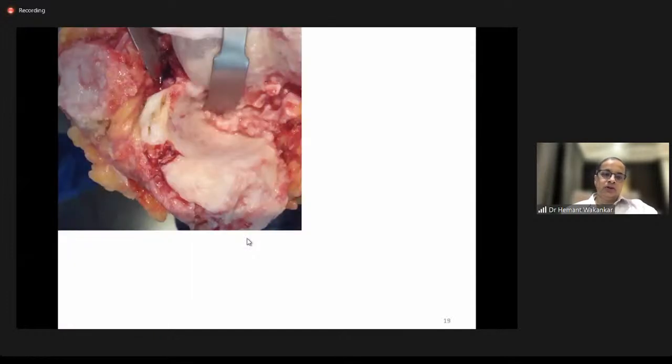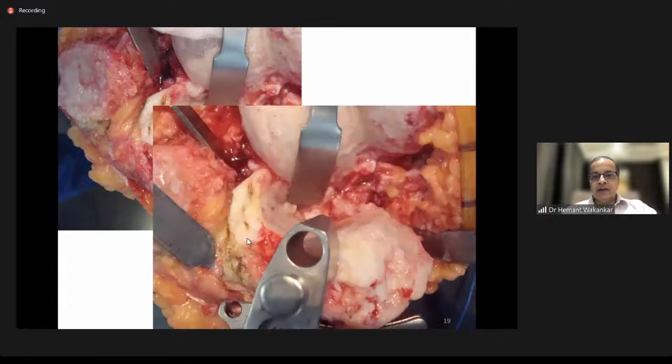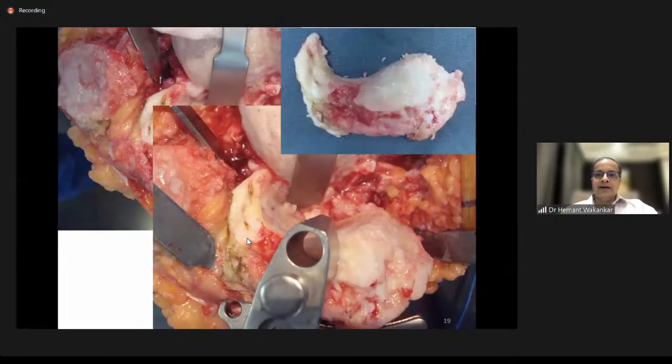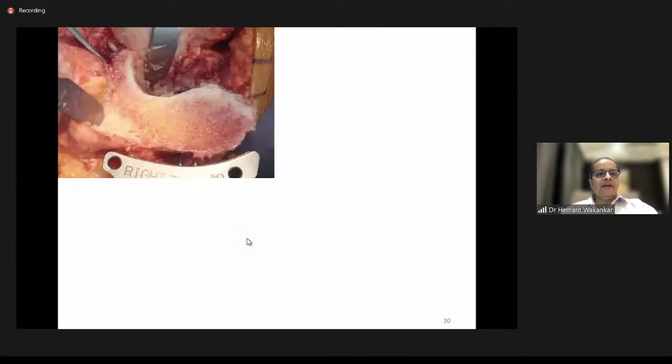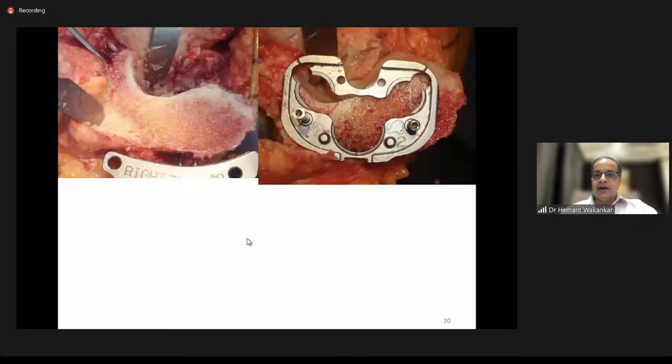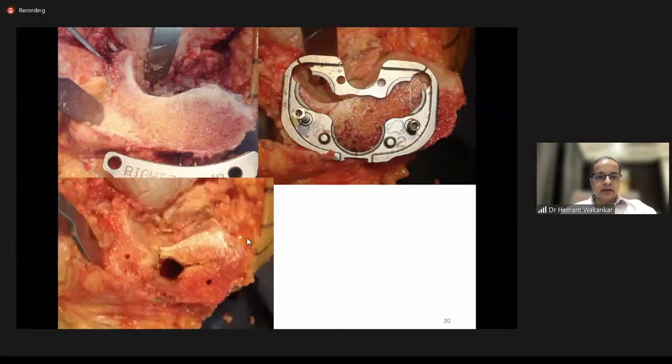So again, this is the kind of defect seen on exposure. This is the tibial plateau, a massive sloping defect posteriorly. And this is after I placed my tibial cutting jig. That is the kind of bone that was resected from the tibial plateau, and that is the defect one is left with. I put this trial base plate, and you can see the amount of defect. Obviously, that needs to be built up and will need intramedullary support.